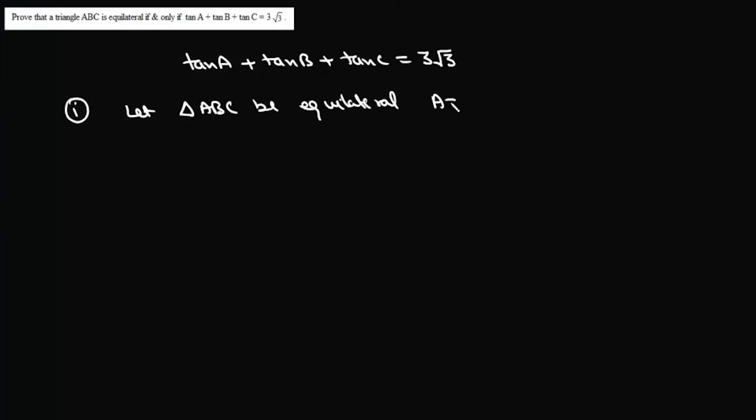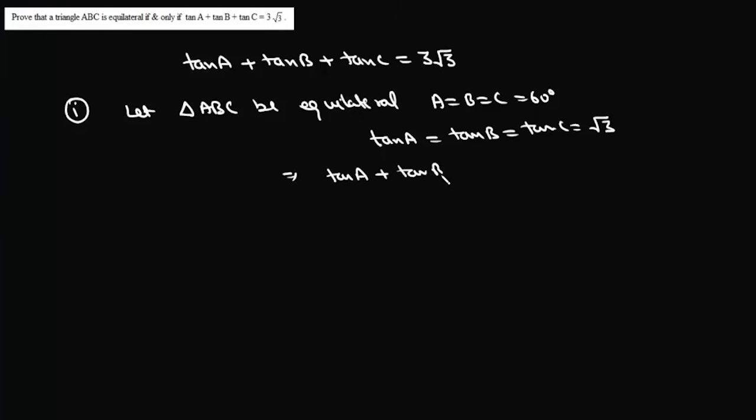In that case, A equals B equals C equals 60, and in that case tan A will be equal to tan B will be equal to tan C, and they'll be equal to root 3, and therefore tan A plus tan B plus tan C is 3 root 3.